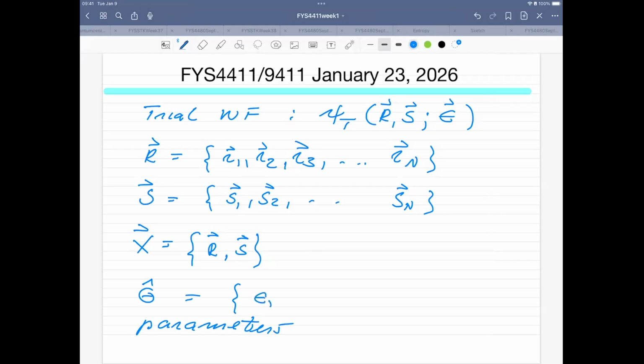So here we will have different variables, theta 1, theta 2, etc., up to some theta m. The letter N, which you see here and here, is the number of particles. N is the number of particles.